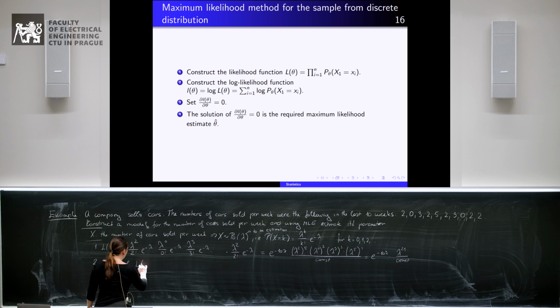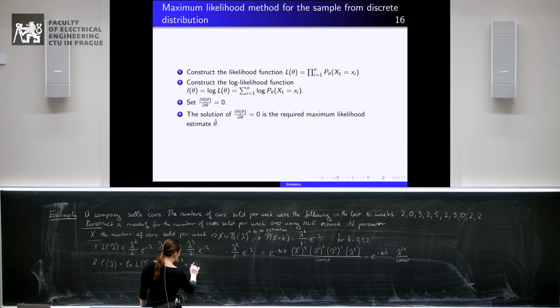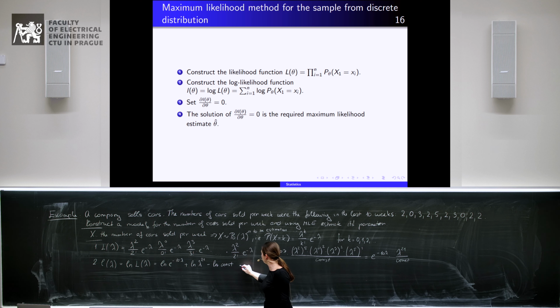So the logarithm of L of lambda is the logarithm of e powered by minus 10 lambda plus the logarithm of lambda powered by 21 minus the logarithm of the constant, which is minus 10 lambda times the logarithm of e, which is equal to 1, plus 21 times the logarithm of lambda minus the logarithm of a constant.